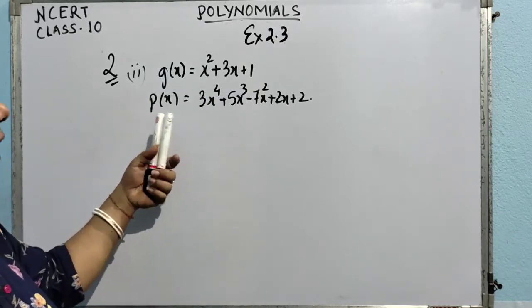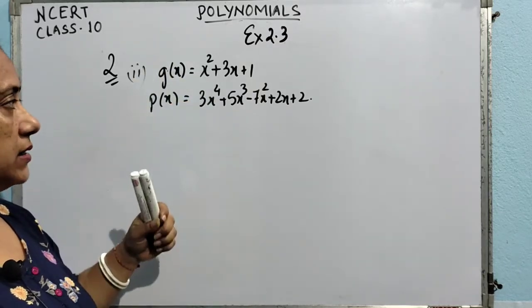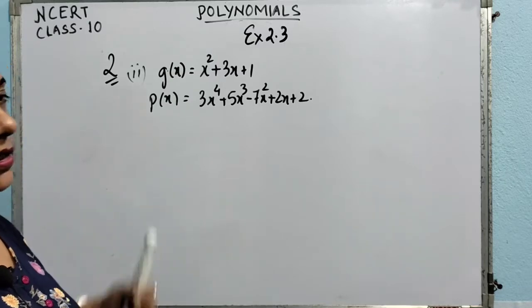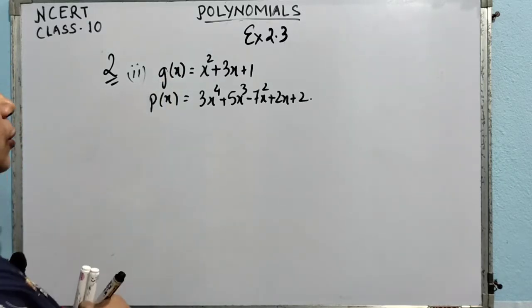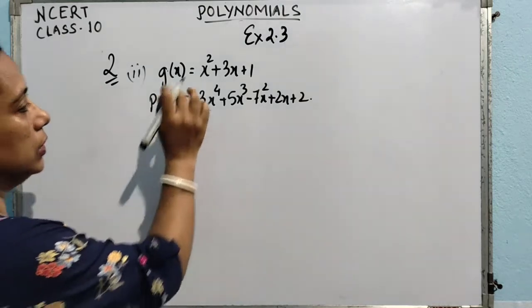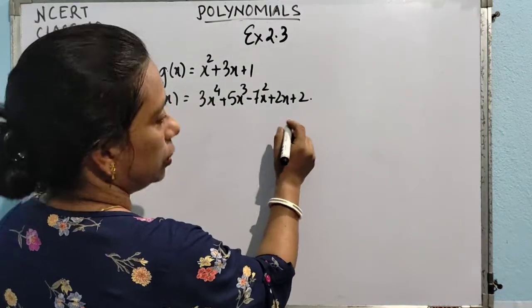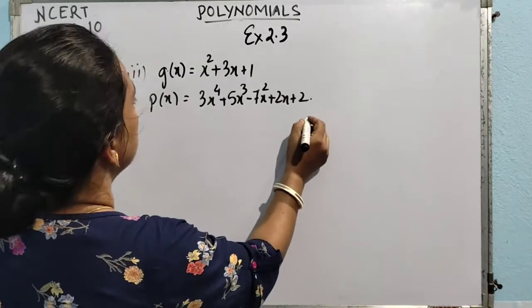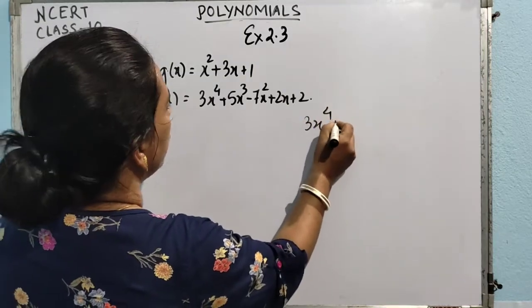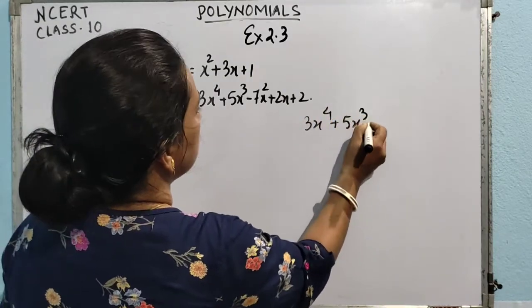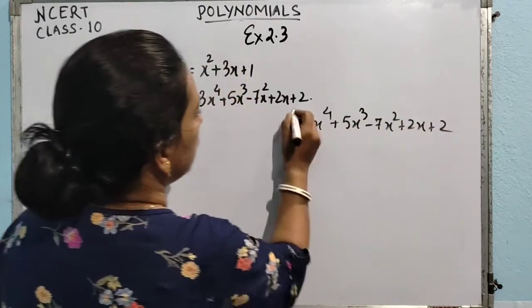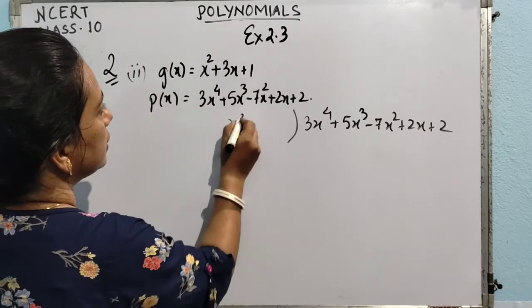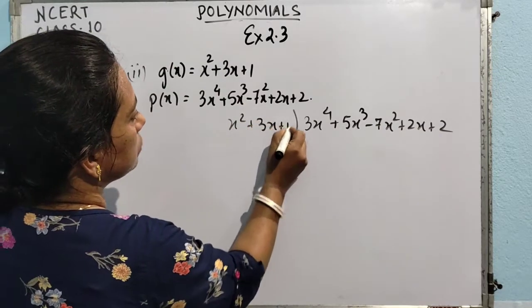Now I have to divide p of x by g of x in order to find out whether g(x) is a factor of p(x) or not. So we have to divide. Now in order to divide, we can start like that: 3x to the power of 4 plus 5x cube minus 7x square plus 2x plus 2, and it has to be divided by x square plus 3x plus 1.